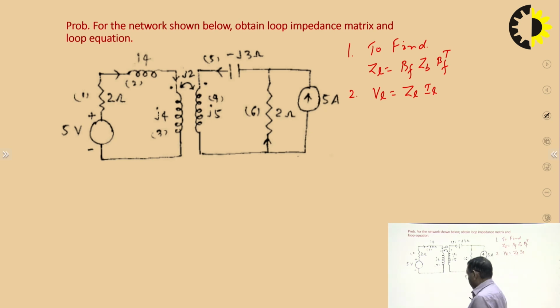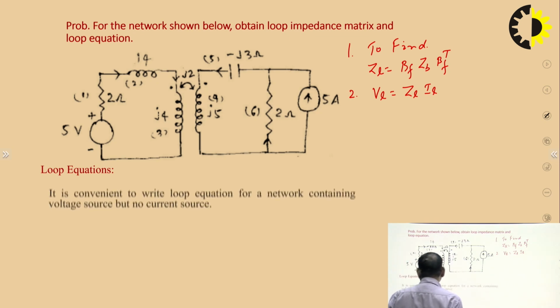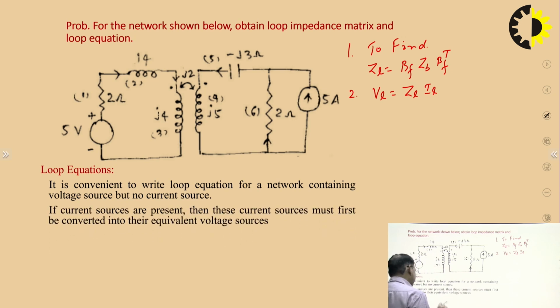If you are going to carry out the loop analysis, before writing the loop equations you have to take the precautions of these two things. It is convenient to write loop equations for a network containing voltage sources but no current sources. If the network contains only voltage sources, then it is very easy to apply the loop analysis.